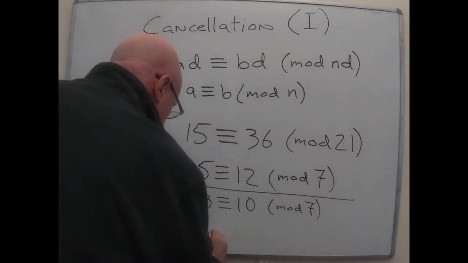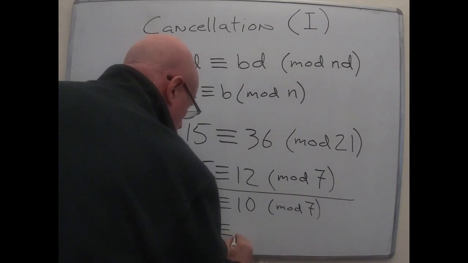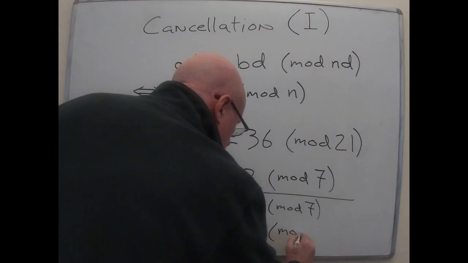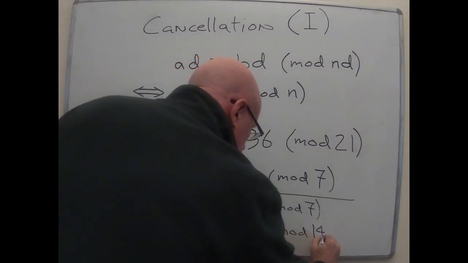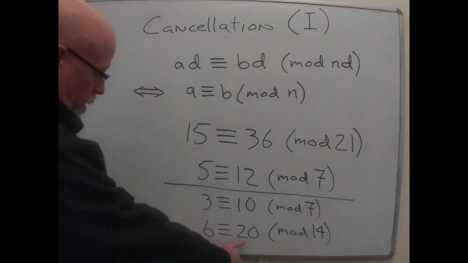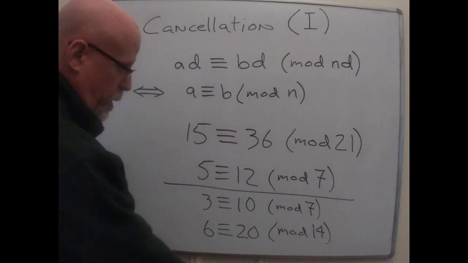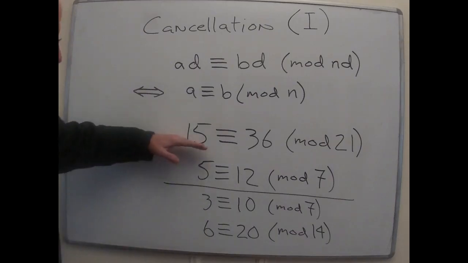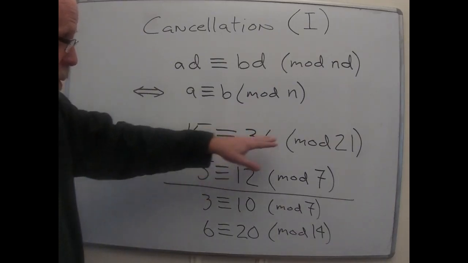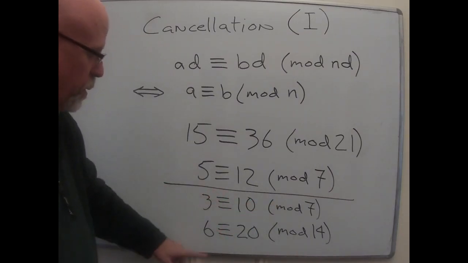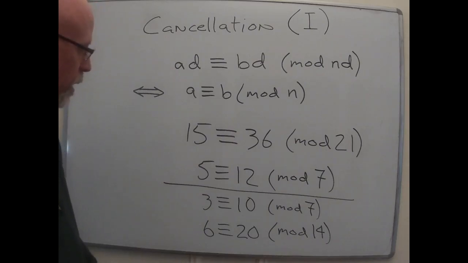That becomes 6 is congruent to 20 mod 14. That works. 20 minus 6 is 14, so yeah, that works. So I can both divide everything in sight by any common number that's in there, or I can multiply everything in sight by some common number and get a new true congruence.